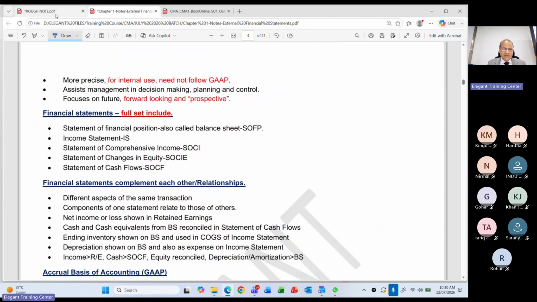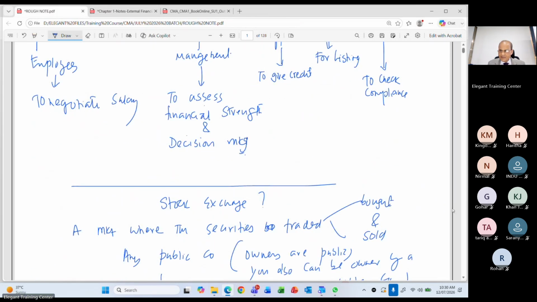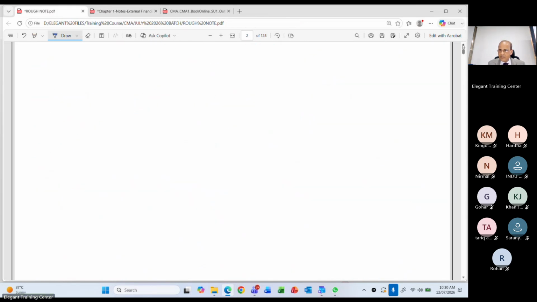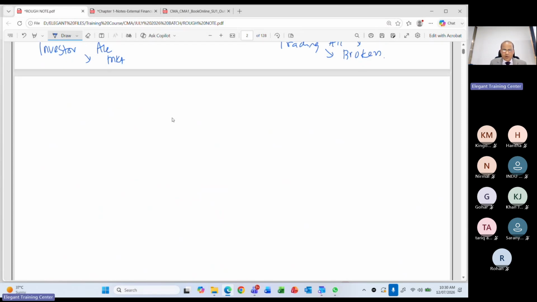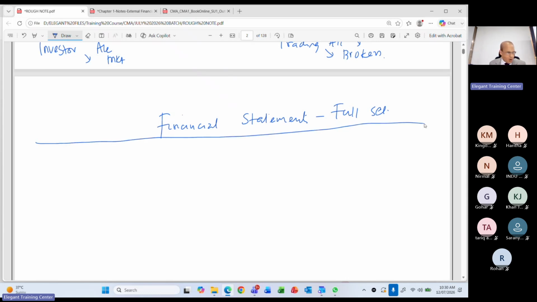Okay. Next, let's talk about financial statements, right? Financial statements. We say full set. A question can also come: the financial statements include what?